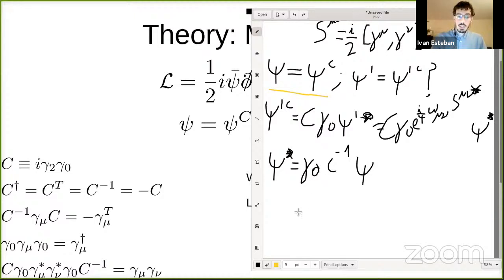So this condition is equivalent to requiring the original field to be self-conjugate.